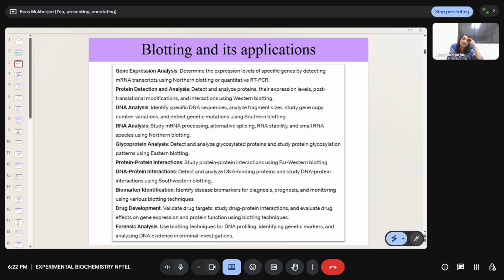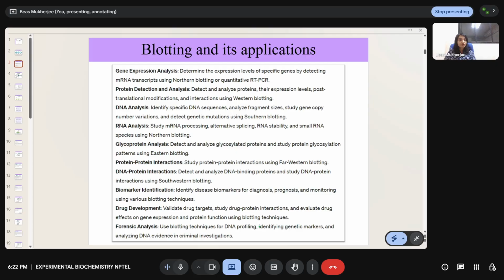So DNA analysis is done now. RNA analysis: study mRNA processing, alternative splicing, RNA stability, small RNA species using northern blotting. Glycoprotein analysis: if there are any kind of post-translational modifications in the proteins, different kinds of blotting techniques can be useful in studying them. Detect and analyze glycosylated proteins and study protein glycosylation using Eastern blotting.